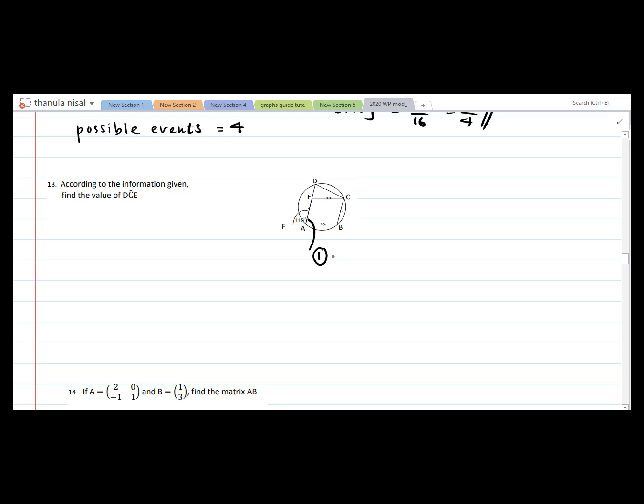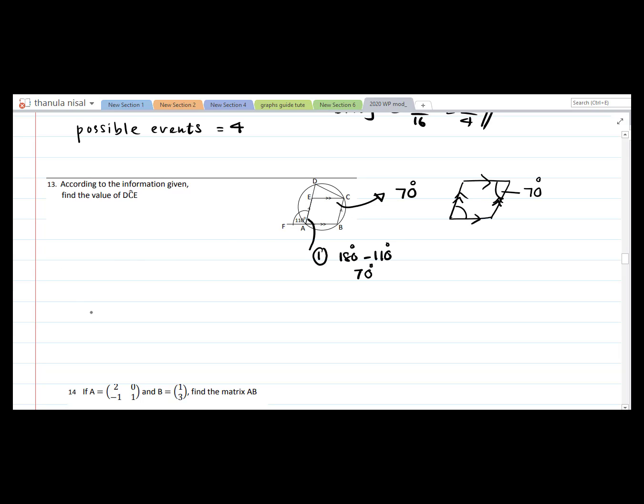This value is equal to 180 minus 110. Why? Angles on a straight line. Therefore, we can take this one as 70. If this is 70, we can write this one also as 70 because opposite angles are equal in a parallelogram. Okay, therefore this one is 70.